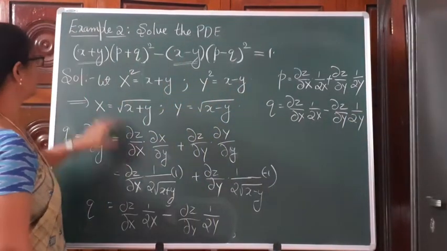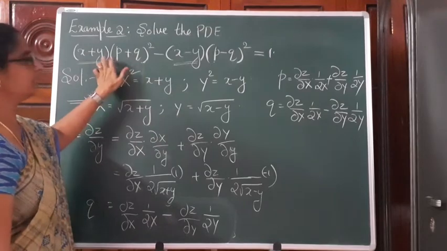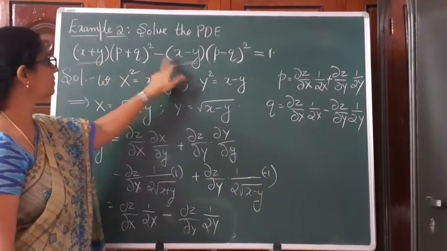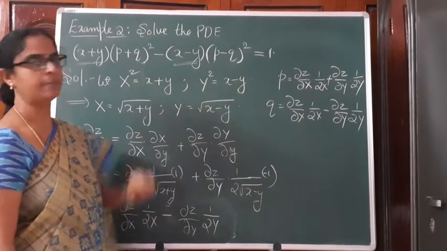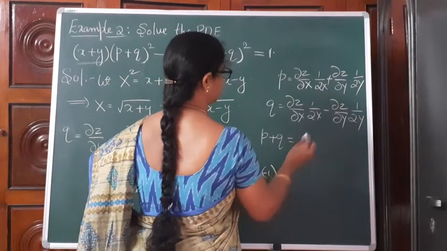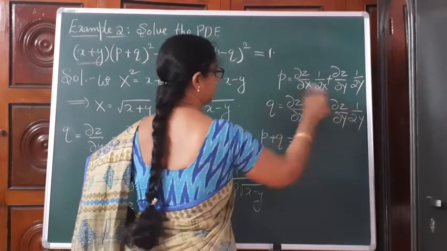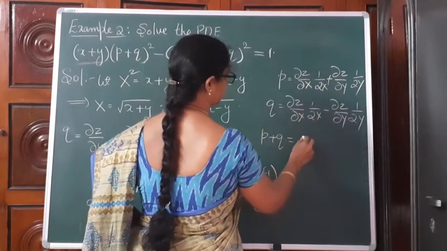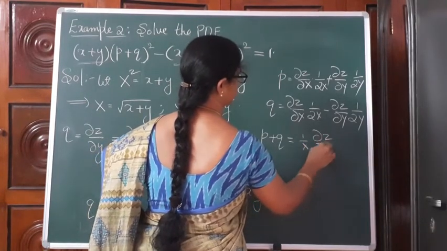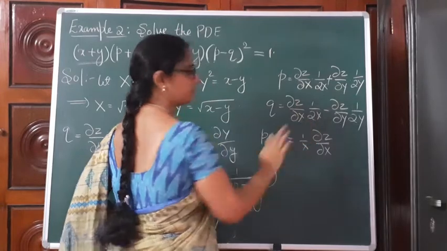Okay, now we are going to substitute all these values in the given partial differential equation. We know what is x plus y, x minus y, p plus q and p minus q. What is p plus q from this? When we add these two terms, the cross terms get cancelled and we get 1 by X times dou z by dou capital X. 1 by 2, 1 by 2 gives 1.